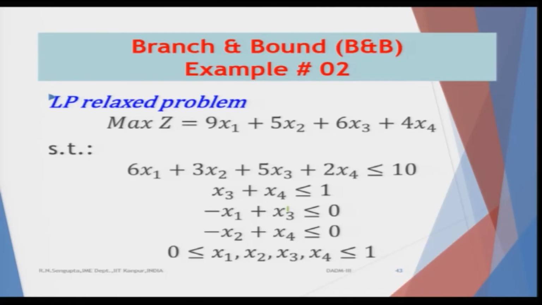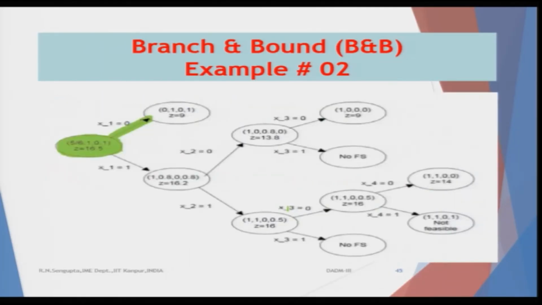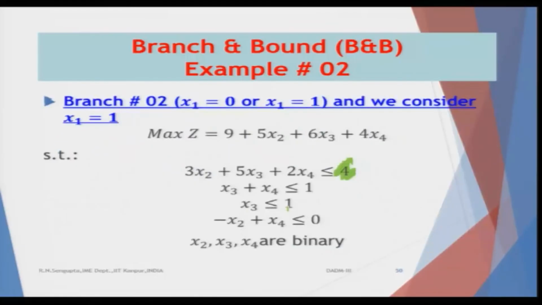Minus x2 plus x4 is less than or equal to 0. So it will remain as it is. Now here x1 is 1, so it is fixed, it is not a decision variable. The other decision variables are x2, x3, x4, they are binary. In the actual problem formulation, we will relax it, do not worry. So x2, x3, x4 can be 0 and 1.